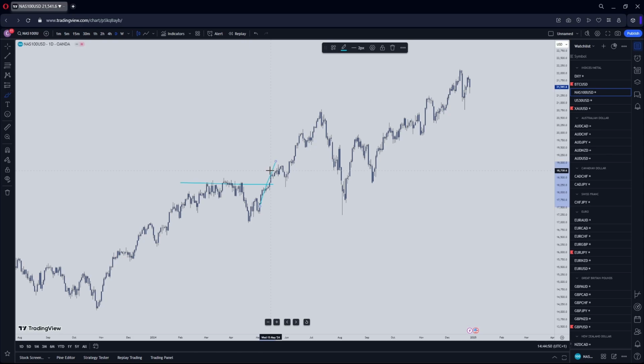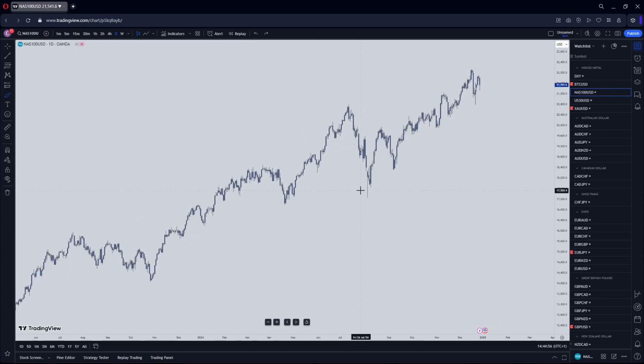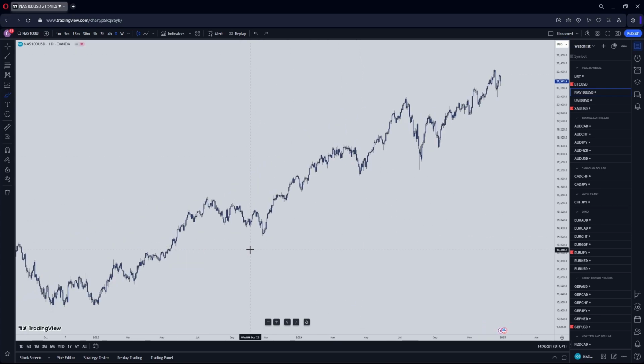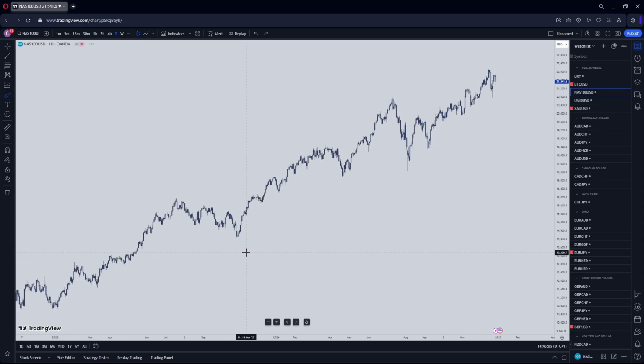What I mean by it's considered a buy is that it is considered an uptrend. So what I want to teach you now is how to identify the trends first. Because when you can identify the trend, you will now use market structure to determine whether it is a buy or sell.